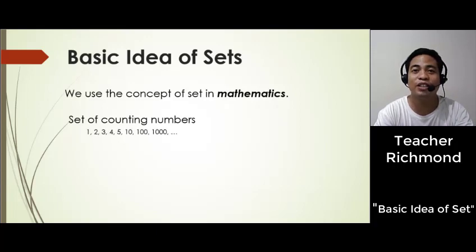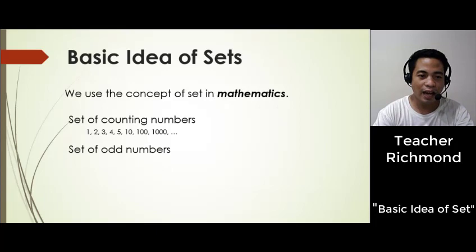Actually, it starts from 0. Okay? 0 is included in counting numbers: 0, 1, 2, 3, 4, 5, and so on. 1,000,000, 1,100. They belong to counting numbers.